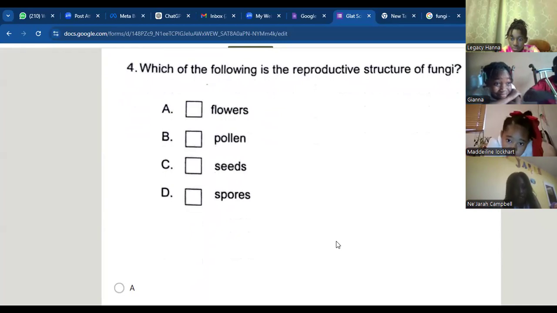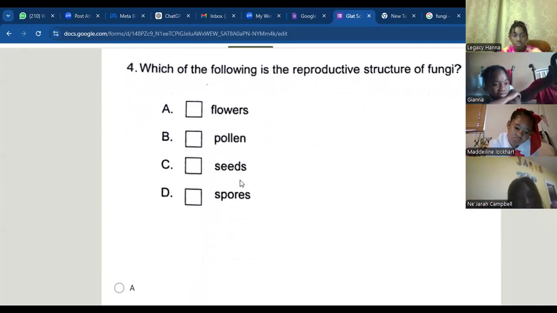B. Pollen. C. Seeds. Or D. Spores. Very good. Put your answers inside the chat for me, please. Which is the reproductive structure of fungi?